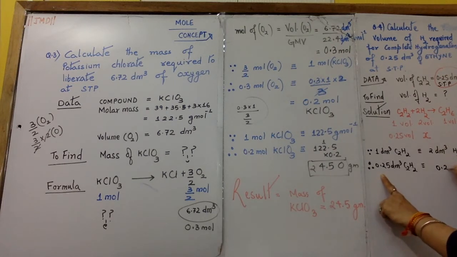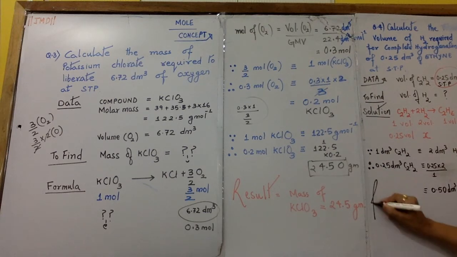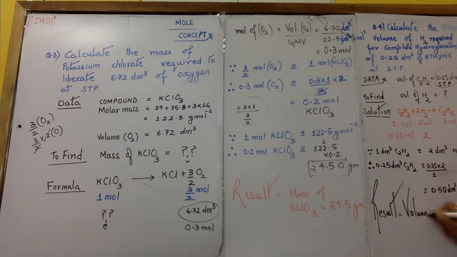Cross multiply: 0.25 into 2 upon 1, that is equal to 0.5 dm cube. So we write the result: volume of hydrogen is 0.5 dm cube. That's the way.